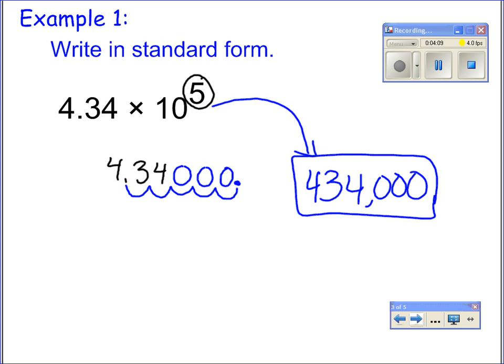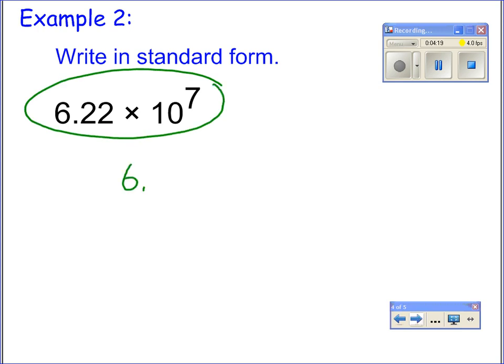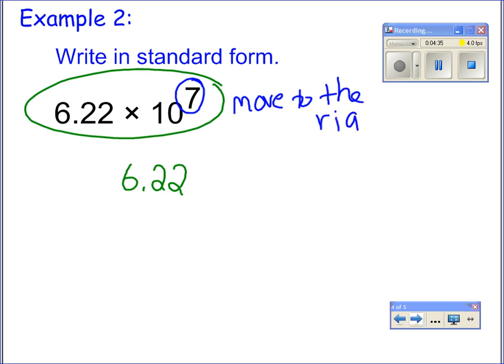So that's example 1. Example 2 is 6.22 times 10 to the 7th power. This is in scientific notation. We want to convert to standard form. So I'm going to start by rewriting 6.22. Since the exponent is positive, that means we are moving to the right. And we're going to move 7 places and then rewrite the decimal point. So 1, 2, 3, 4, 5, 6, 7.